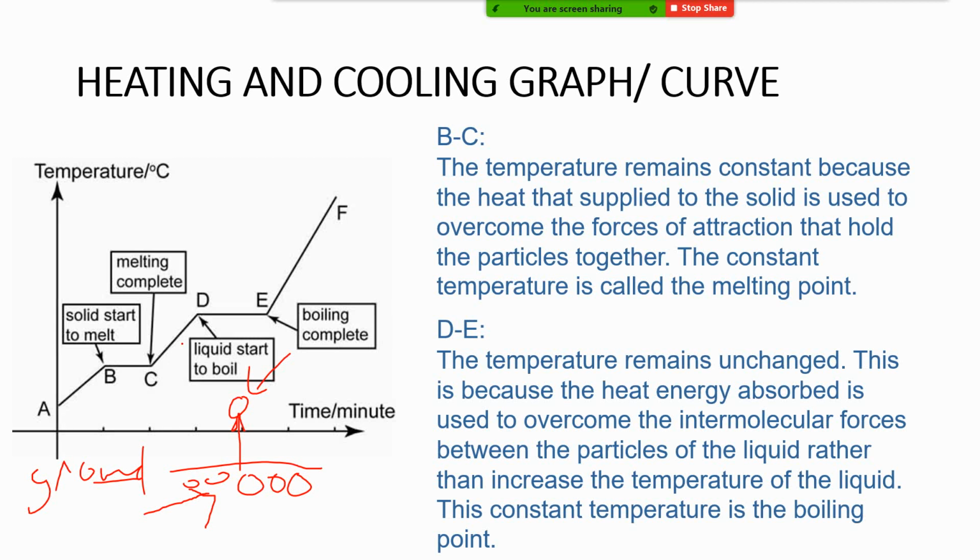So from D to E, the reason our temperature is constant is because the heat supplied to the system is being used to overcome the intermolecular forces, which is the same thing as the attractive forces for the most part.